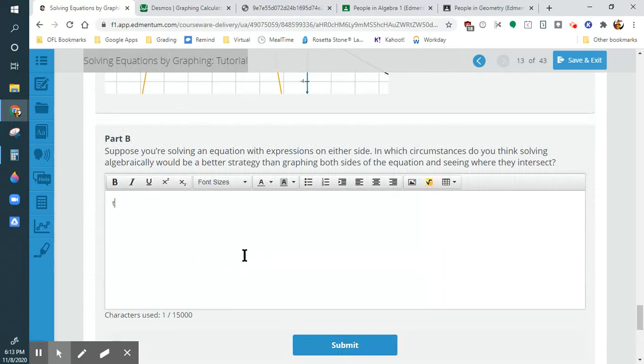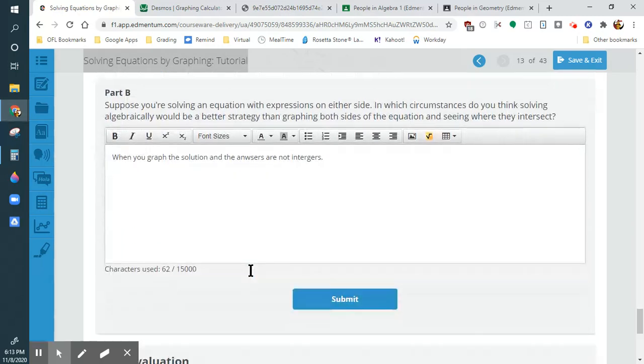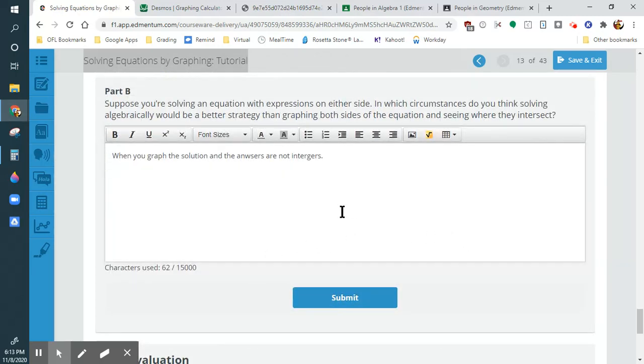I think it would be a better strategy when they do not meet on the grid, when you graph the solution and the answers are not integers. And what I mean by this is when there's whole numbers, these are really nice. But when they're not integers, it's probably better to solve it algebraically.